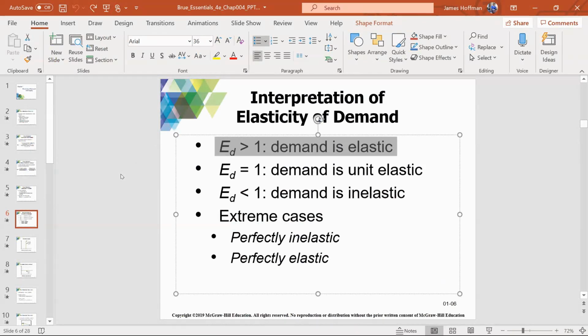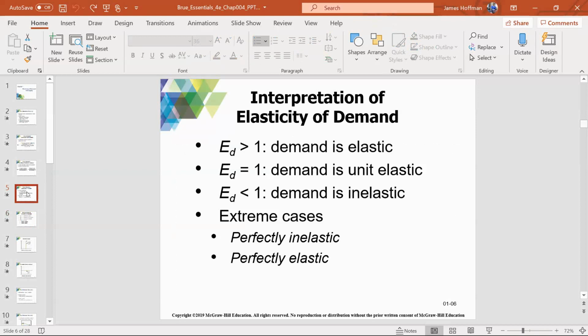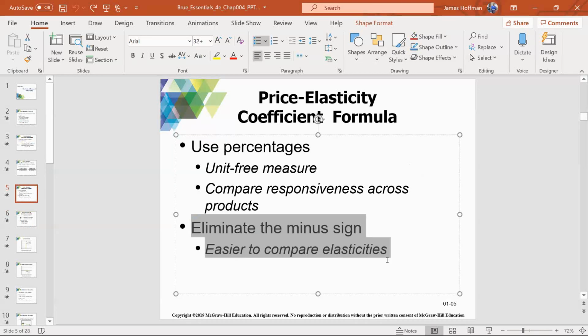Alright, so when that coefficient or that calculation comes out, you can look at the elasticity in one of two ways. Because of the law of demand, when price changes, demand goes in the opposite direction, so that's always going to give us a negative sign.